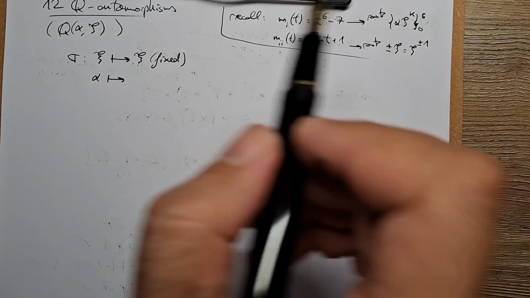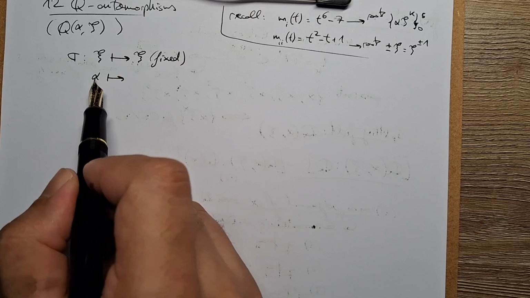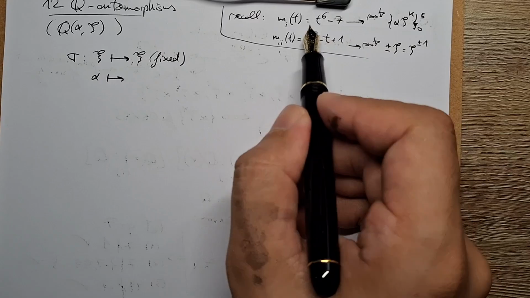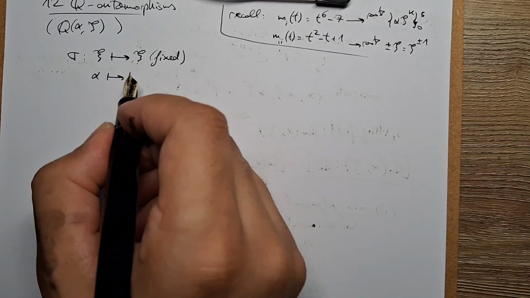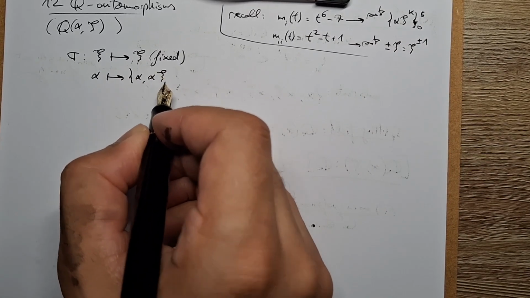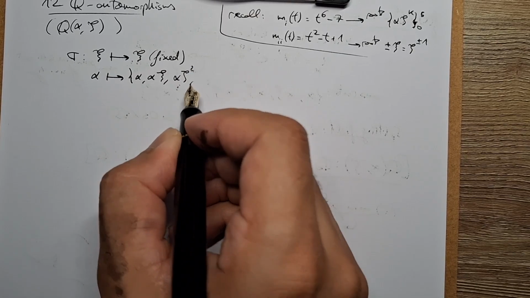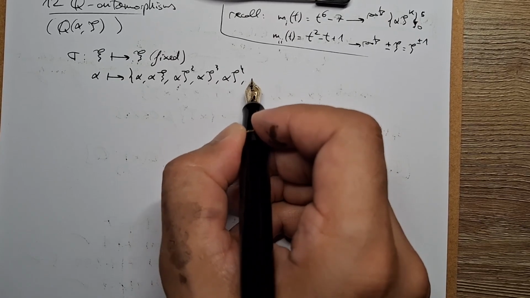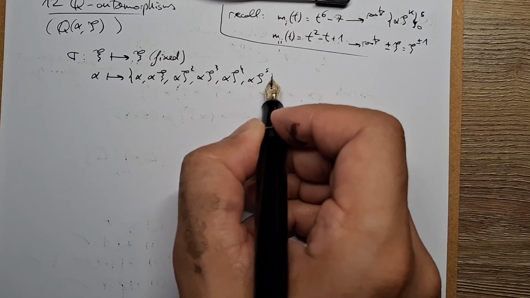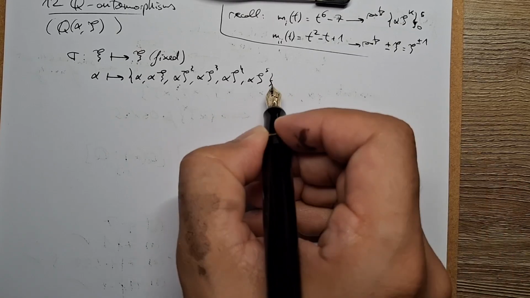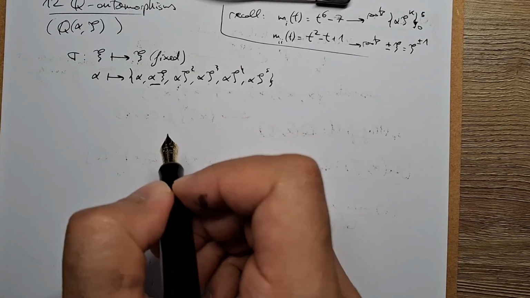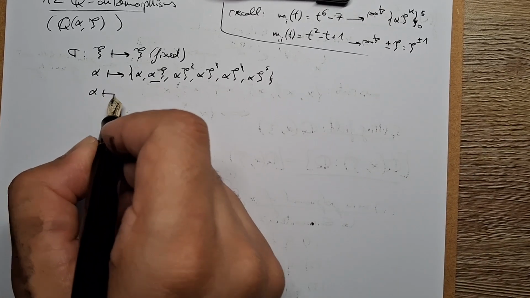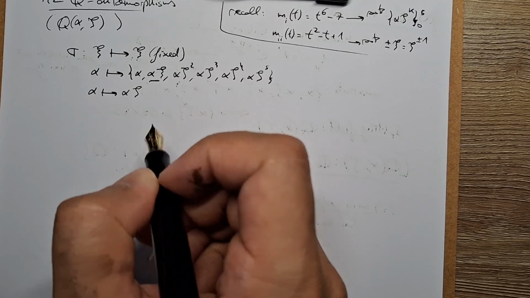So this Q-automorphism, sigma, will act on alpha by sending alpha to another one of the roots of this minimal polynomial, which we have all those possibilities: alpha, alpha theta, alpha theta squared, alpha theta to the cube, alpha theta to the power of 4, and alpha theta to the power of 5. We are going to choose alpha theta. So what we will have is actually alpha is being sent to alpha theta.